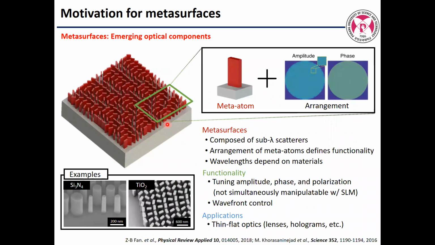So simply, this is what we need to do. We need to consider the final application. Let's say we're going to do a lens or holography, and we decide what we need to control: the phase, or polarization. Then we consider what type of atomic design, what type of meta-atom will be chosen.